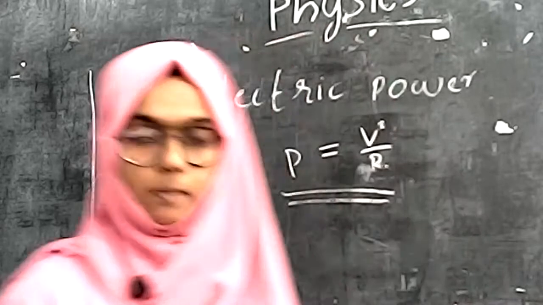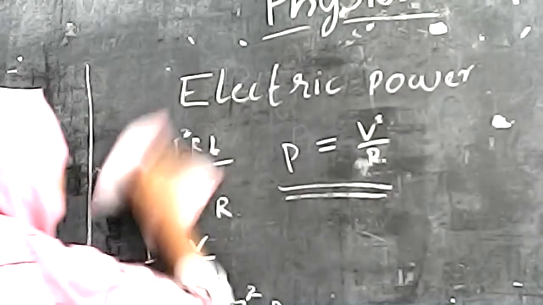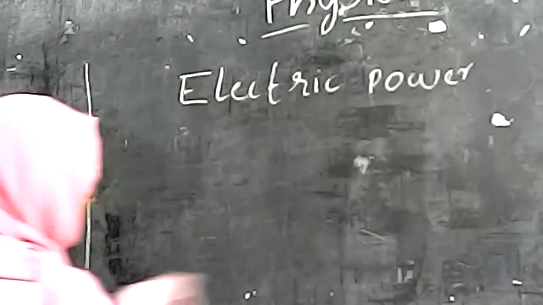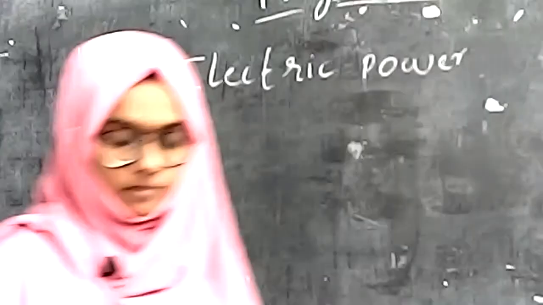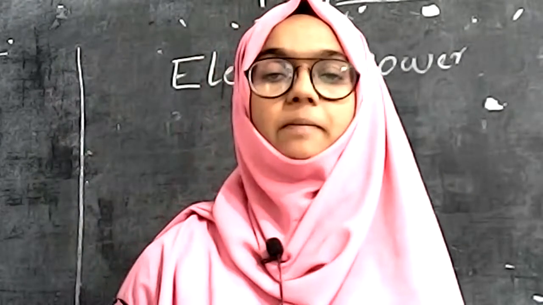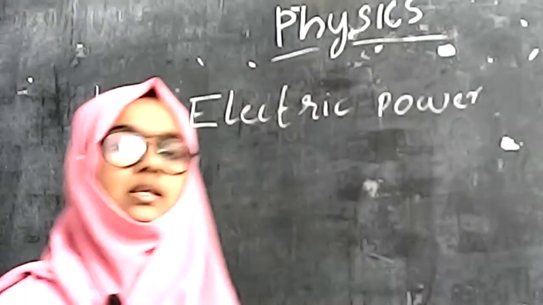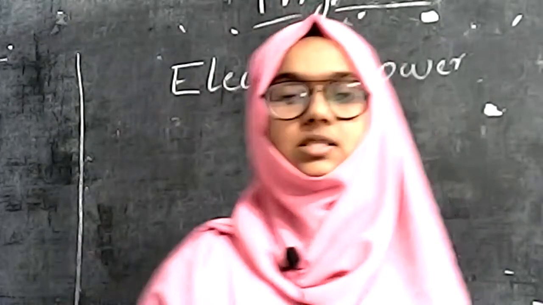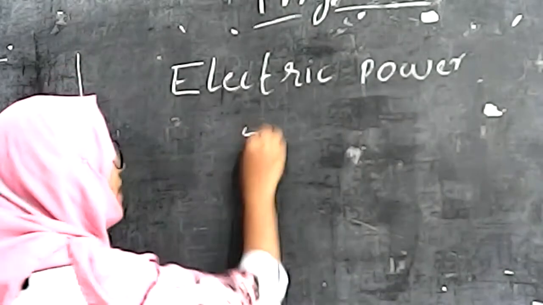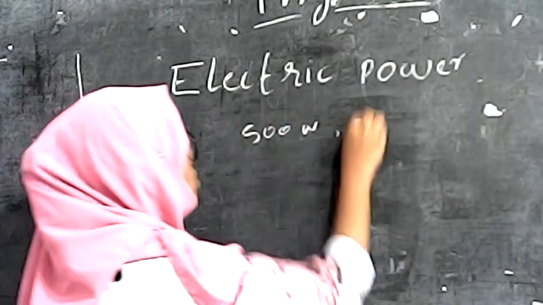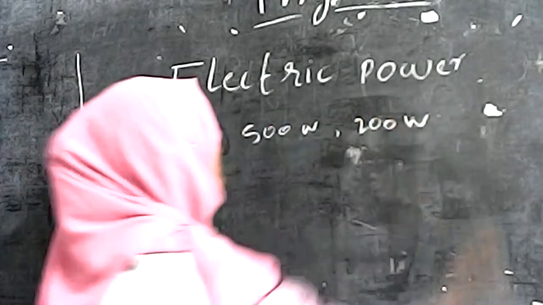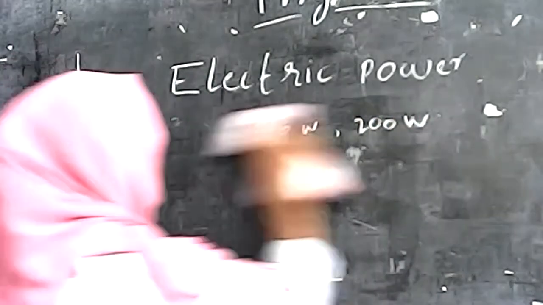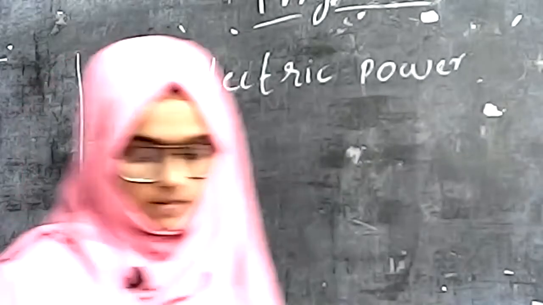And we have a problem based on this. We want to find the electric power using the equation. When we buy home appliances, we can see some wattage and voltage ratings, for example 500 watt and 230 volt, which is the working voltage of that appliance.